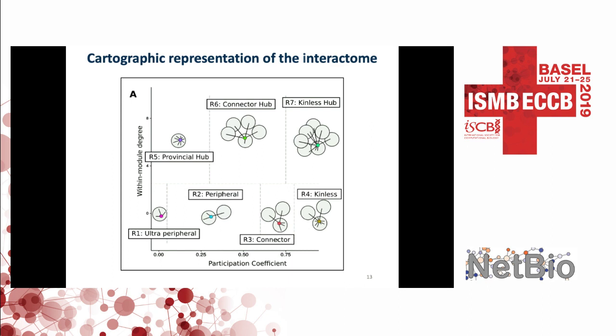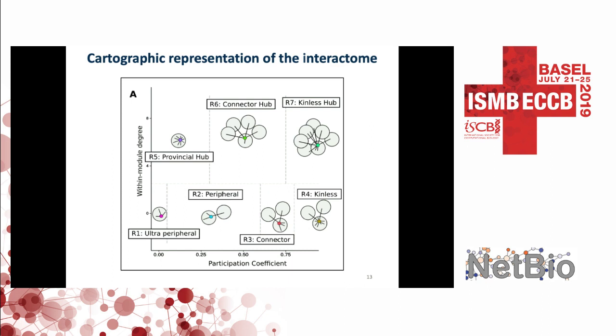For the nodes that are hubs, again, we can define the different roles based on their participation coefficient, ranging from nodes that have all the links within their own clusters, these are the provincial hubs, to the kinless hubs that have the edges distributed homogeneously among the clusters of the network.